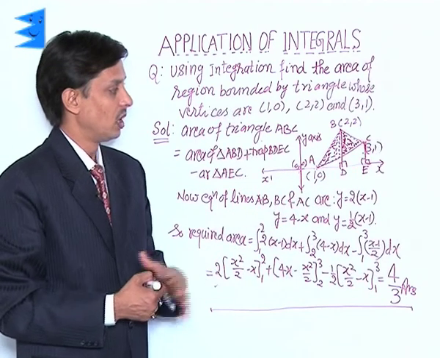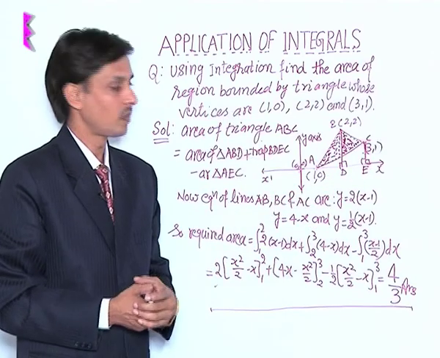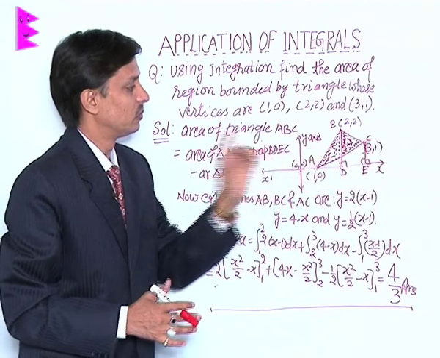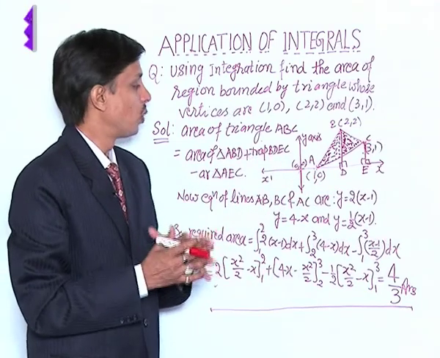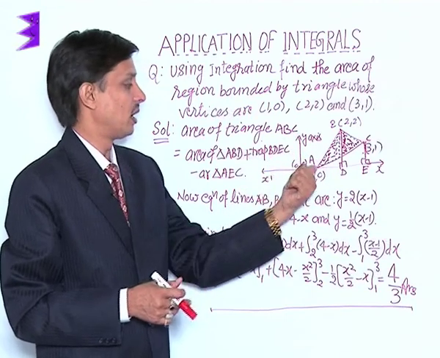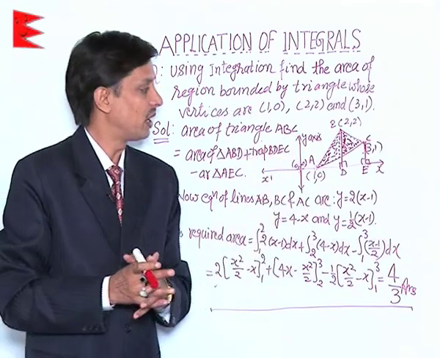So, if this trapezium BDEC and the triangle ABD are added, and the area of triangle AEC is subtracted, then we will get the area of the required part, the shaded region.